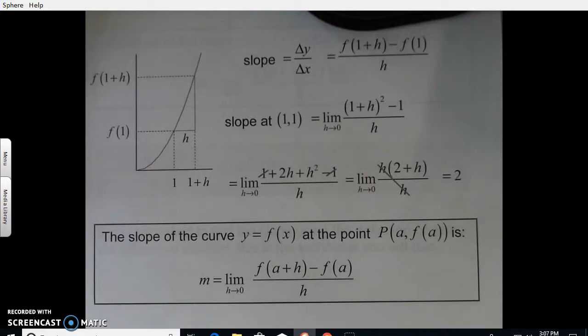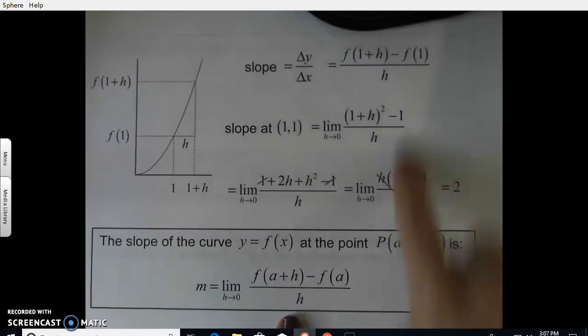And as we saw before, when we were getting closer and closer to the point (1, 1), our value was getting closer and closer to 2. So, the slope of a curve y is equal to f of x at the point P(a, f of a) is the limit as h approaches 0 of f of a plus h minus f of a over h.